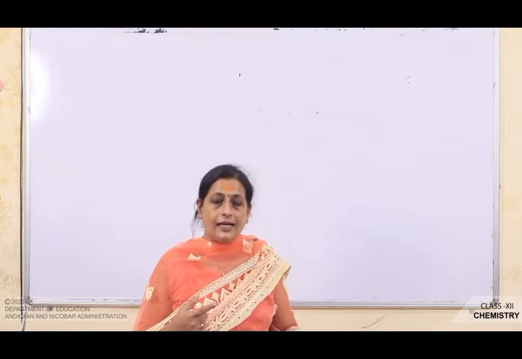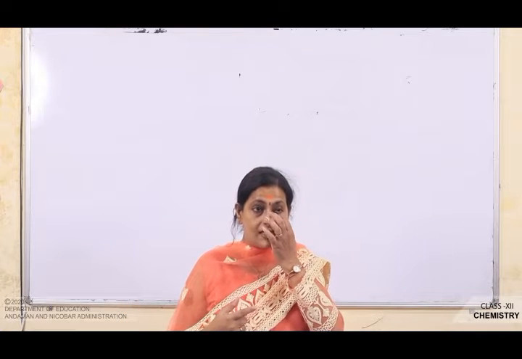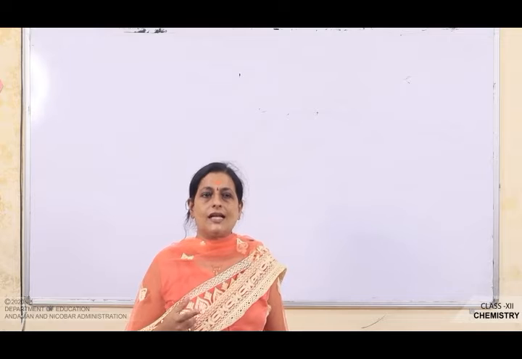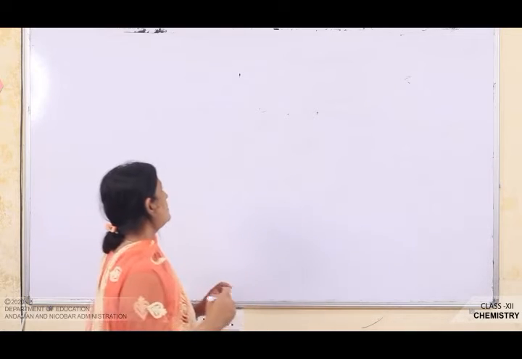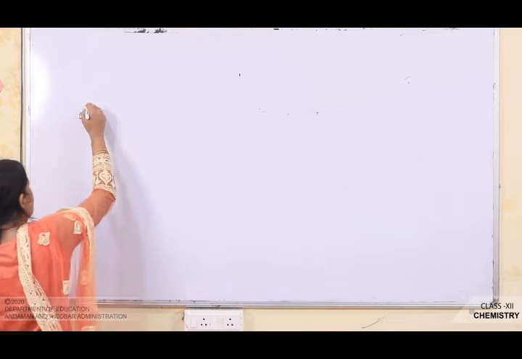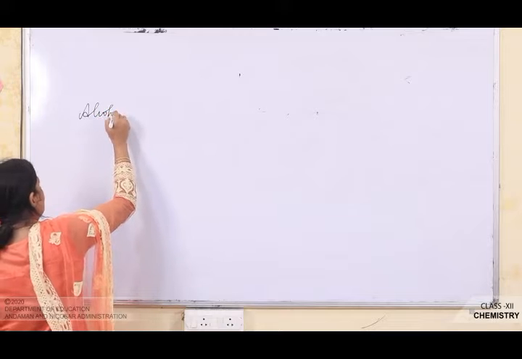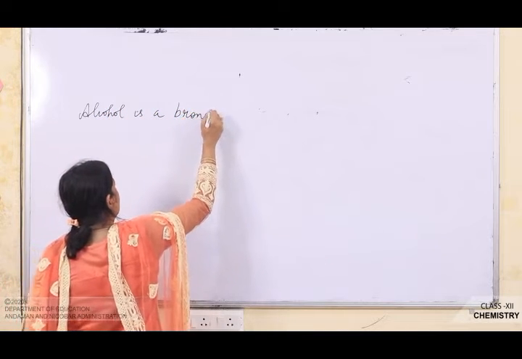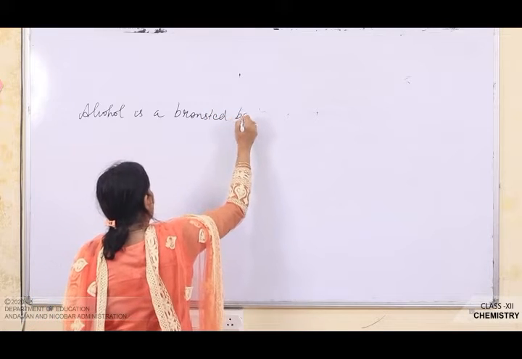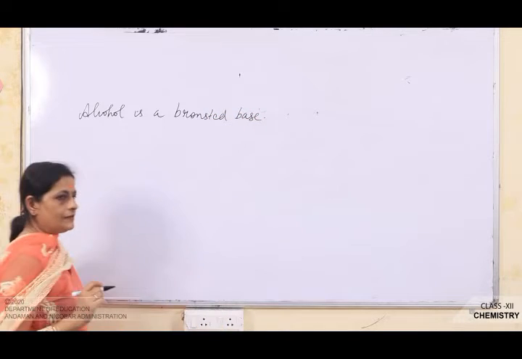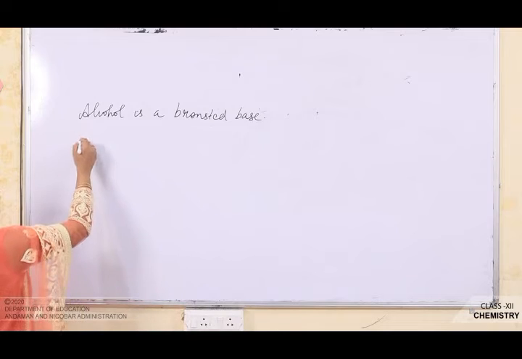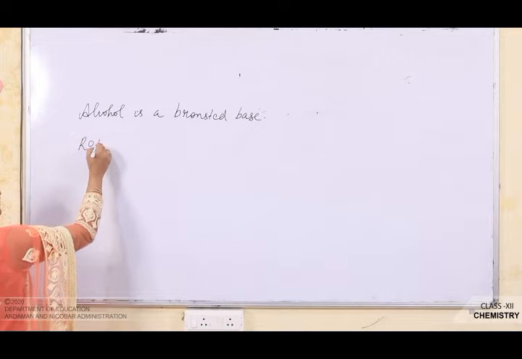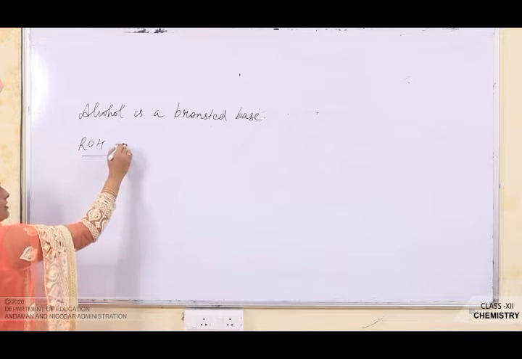Now, when we compare alcohol and water, we have discussed that alcohol is a weaker acid than water. Next, alcohol is a Bronsted base. Okay. Why is alcohol a Bronsted base?